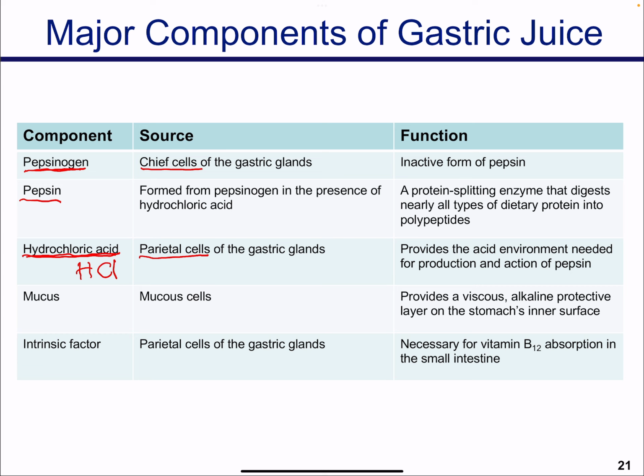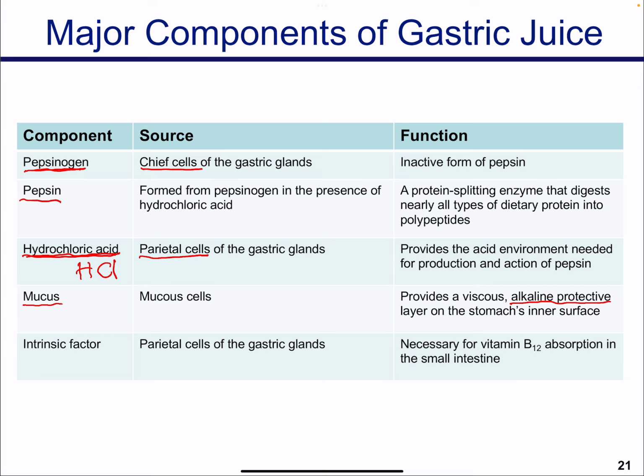Now, remember that along the digestive tract, you have the mucosa, right? Now, if you have the mucosa, that means you have the mucus. So that mucus is going to be produced by goblet cells, right? And those goblet cells are going to release that mucus that is made up of a viscous structure containing alkaline and protective chemical, right?